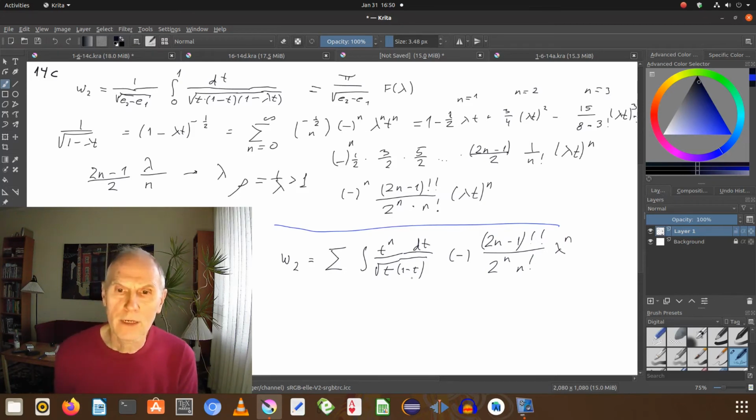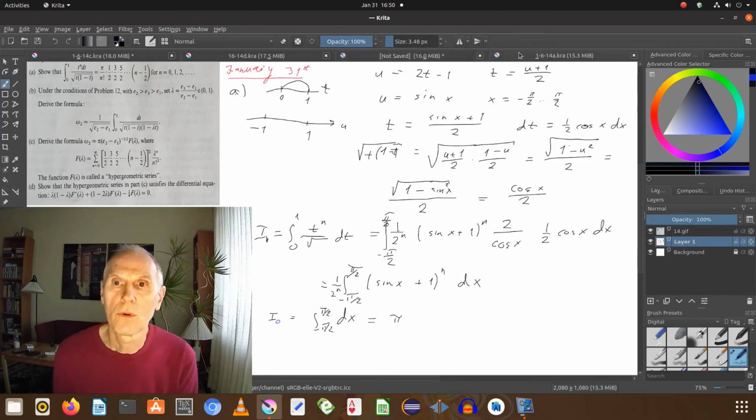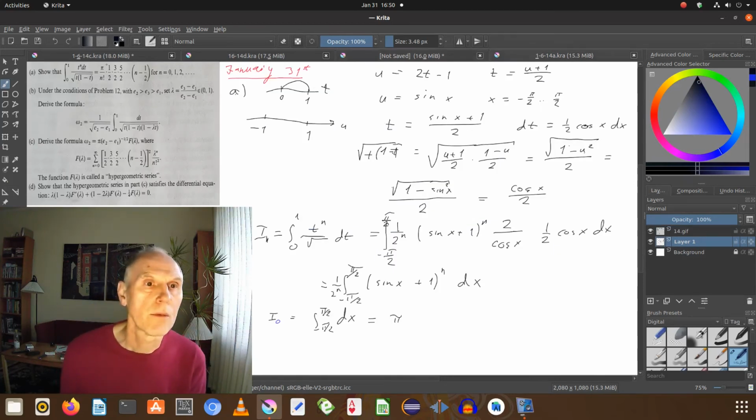All right, now we have to use the result from 14a, which I naturally have forgotten. Pi divided by n squared. That's weird, that's the same.